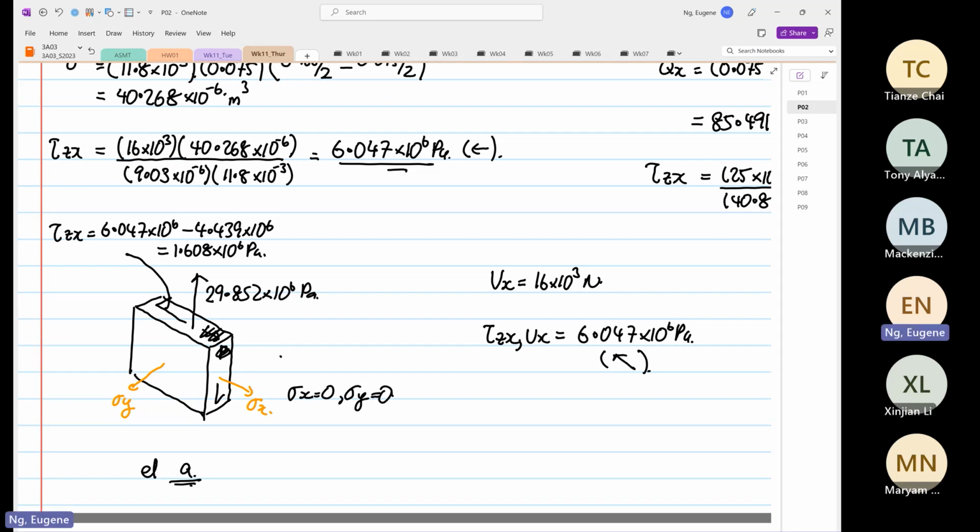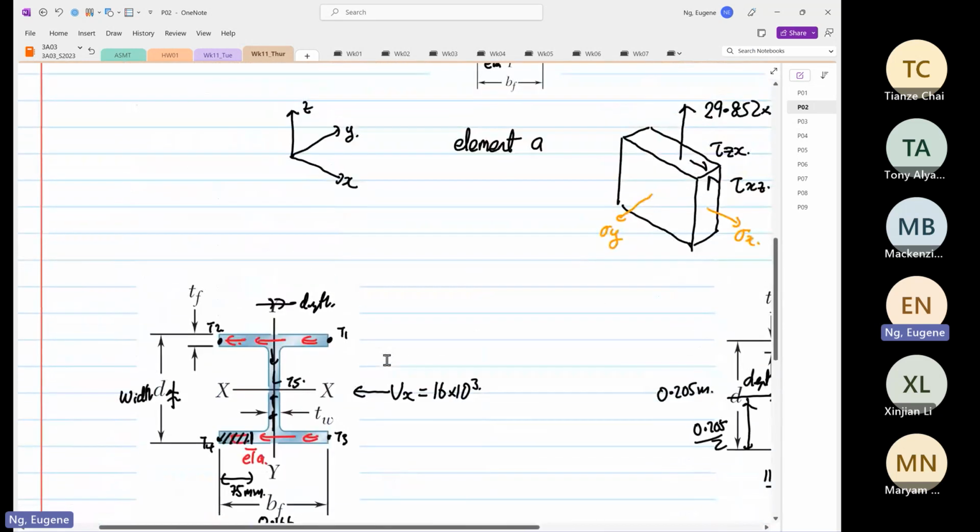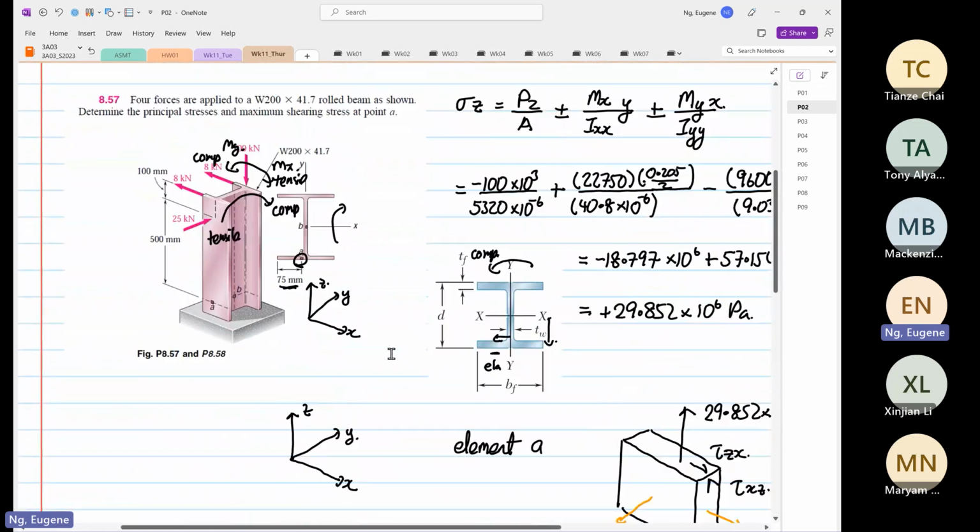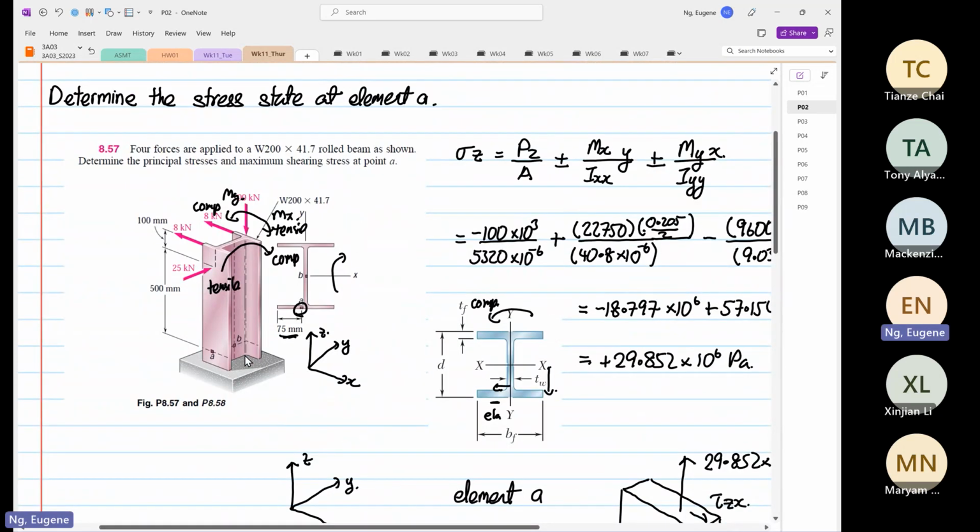If no one has any questions for now, let's look at element B. So element B is at a different location, but the loads are still the same, but the stresses will change because the position is not the same.